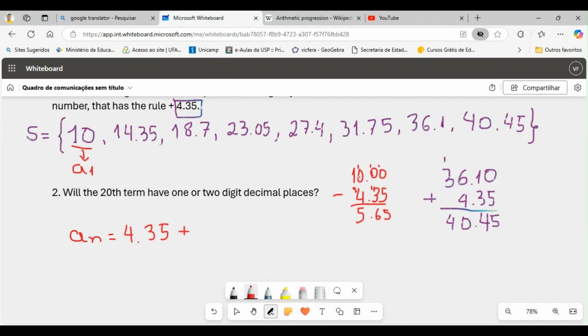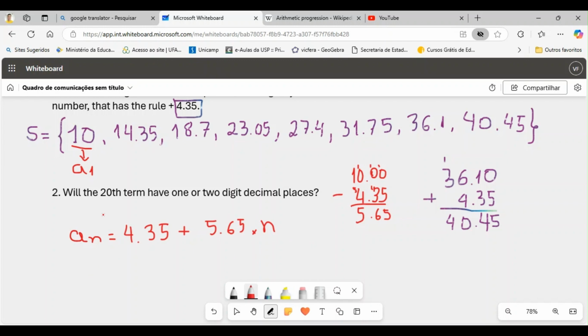As the number is still a positive number, I'm just going to add it here, 5.65, and now I'm going to multiply it by n. And if I did this right, this is the expression that will help us out on the answer.